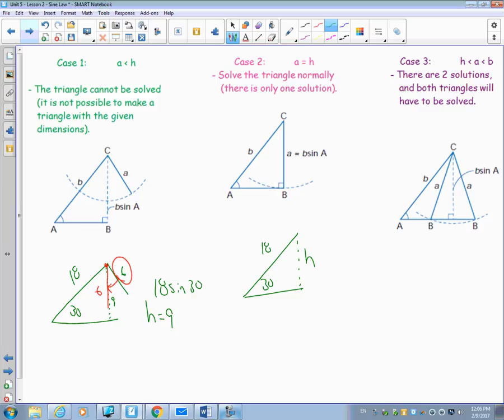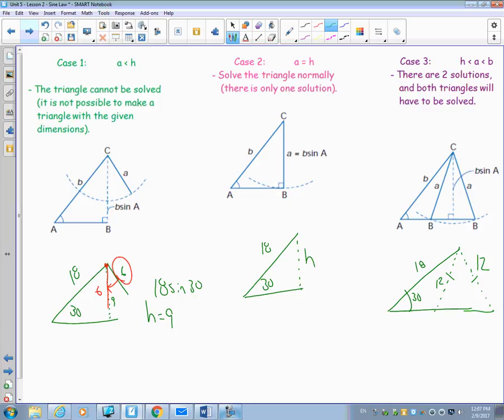And then the third case, the weird one, is, again, we'll try that 30 and our 18, and the extra side, the side over here, is bigger than 9, so it's more than the height, but it's not quite as big as the side we're given. Well, that situation means I can create a triangle, 12 long, but the triangle might actually be inside the other triangle. And then we've got our isosceles situation.